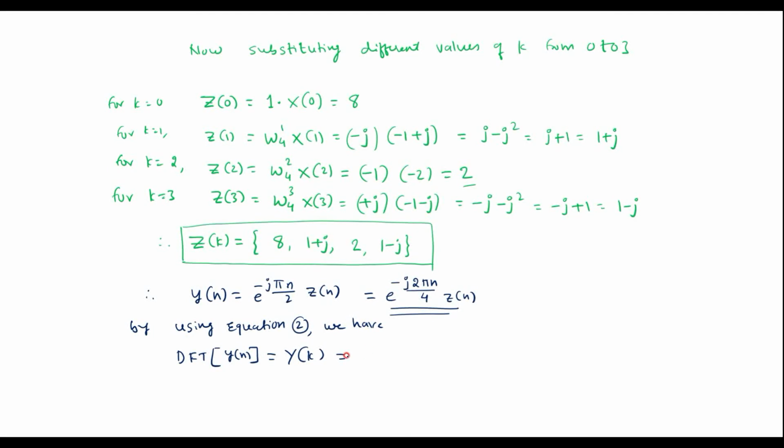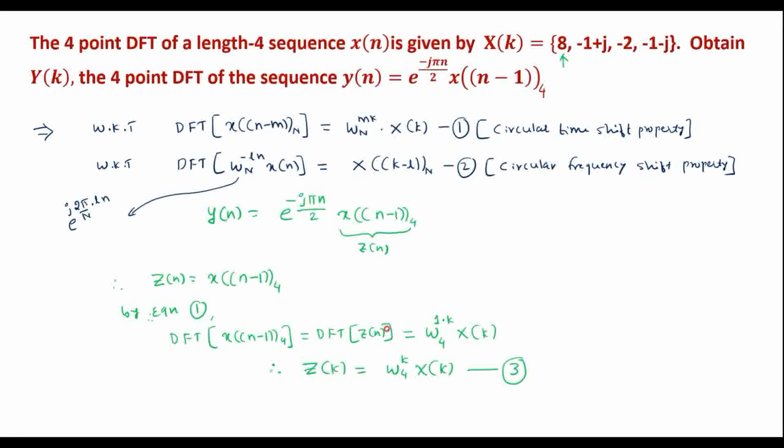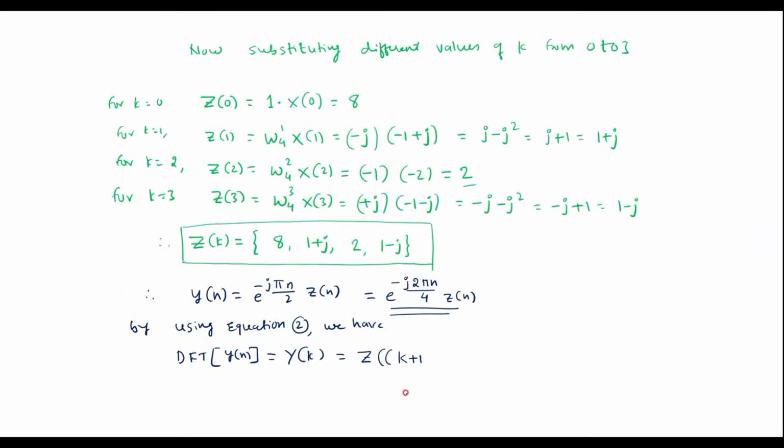Therefore, we can write the DFT of y of n, that is y of k, as z of k plus 1 modulo 4, as here it was k minus l, and minus of minus 1 is plus 1. Here z of k plus 1 modulo 4 is obtained by shifting z of k towards the left by 1 unit.